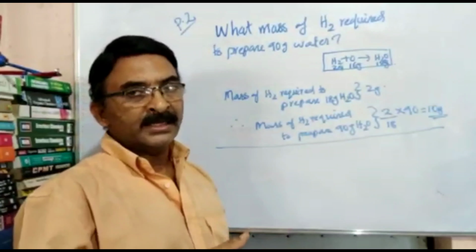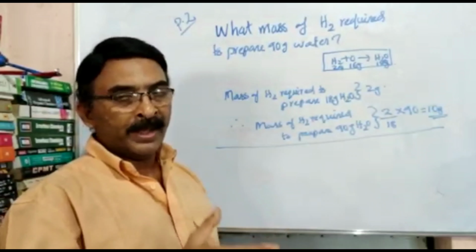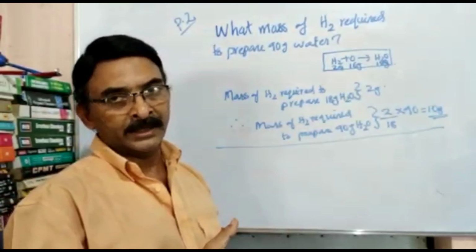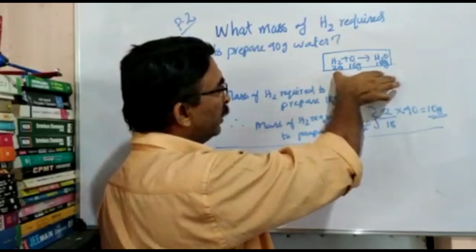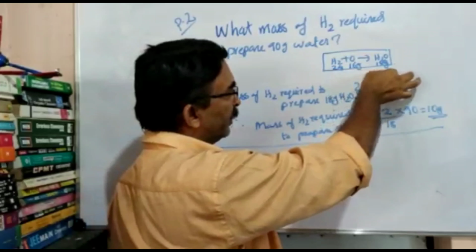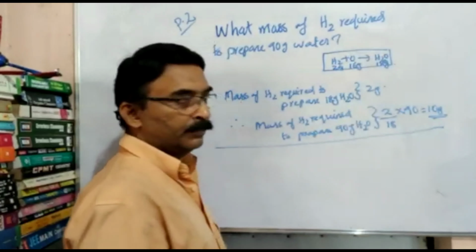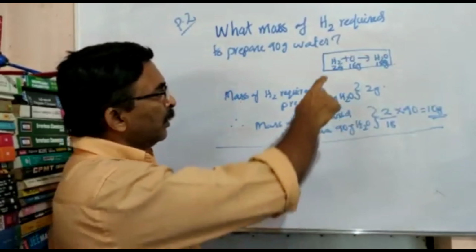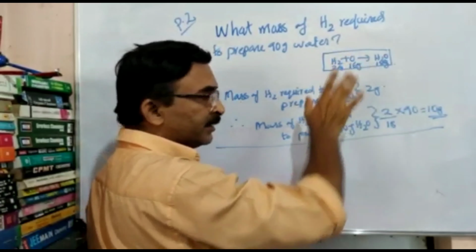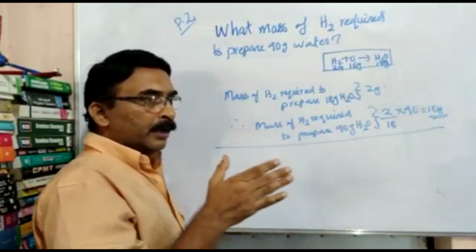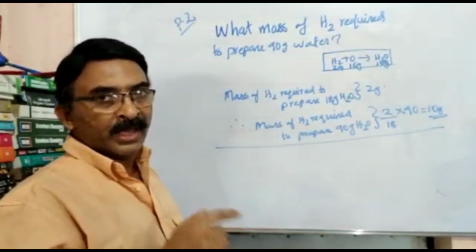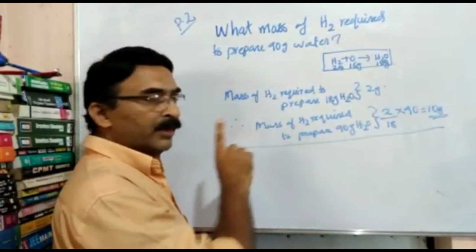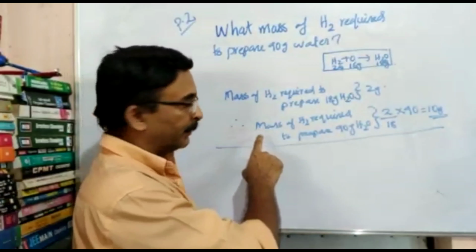Actually, to get an answer, we are comparing our present situation with a standard condition. That is, 2 gram combines with 16 gram forming 18 gram. Okay. So, see one thing, if we are solving this problem, what will be our final step? We have this in mind. We will have this step as the final step.